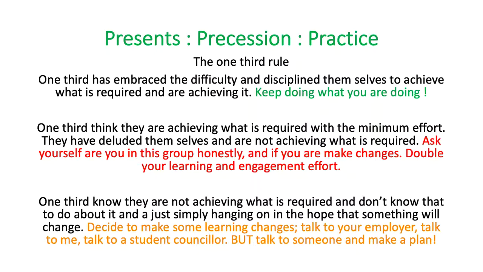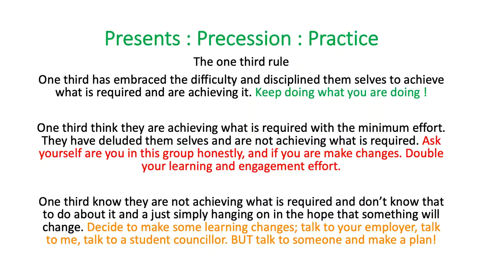Having decided that yes, I'm just getting past on the minimums, then yes, you're going to have to double your learning effort and engagement. I'm sorry, that's just the reality to make it through. Group 3, decide to make some learning changes. Talk to your employer, talk to your teacher, talk to the student counsellors, but talk to someone and make a plan about how you can go about changing how you're going about your learning in AC.